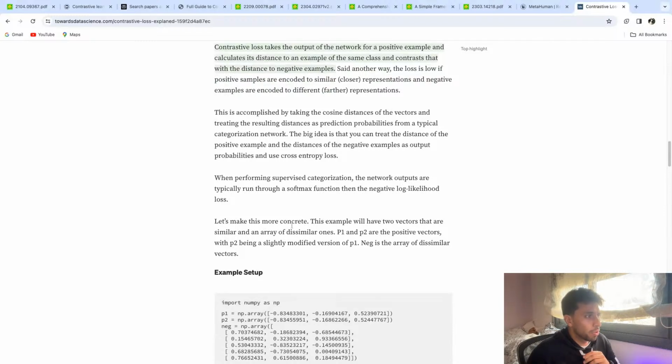Let's make this more concrete. This example will have two vectors that are similar, and an array of dissimilar ones. P1 and P2 are positive vectors, with P2 being a slightly modified version of P1. Negative is the array of dissimilar vectors.